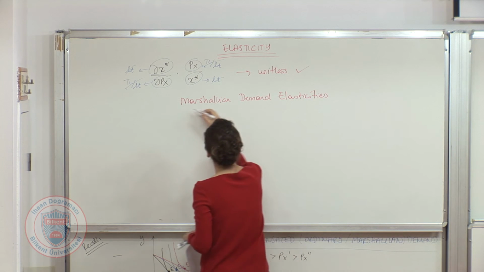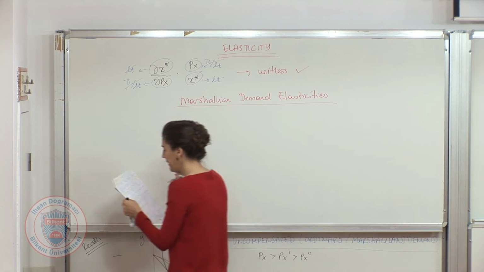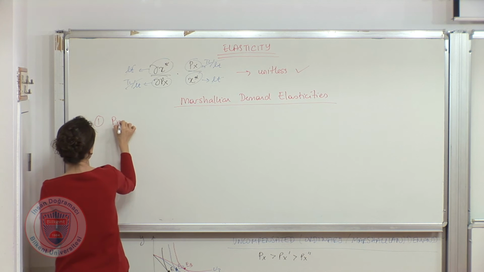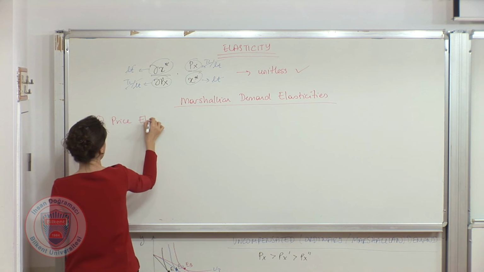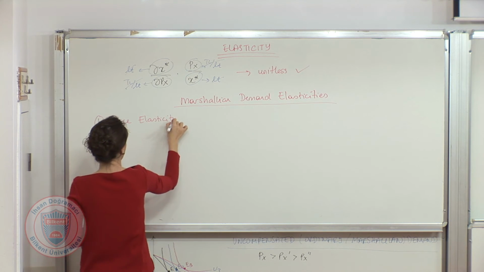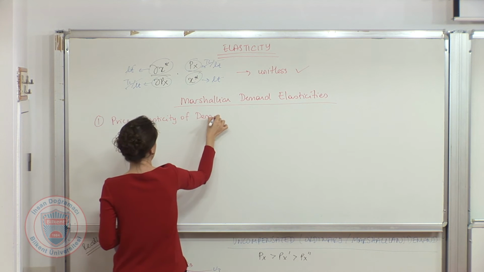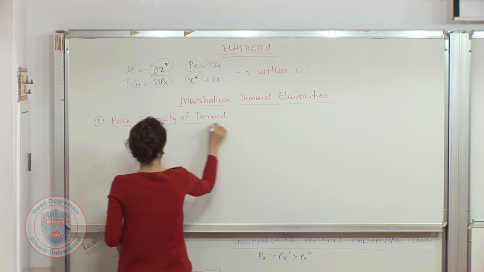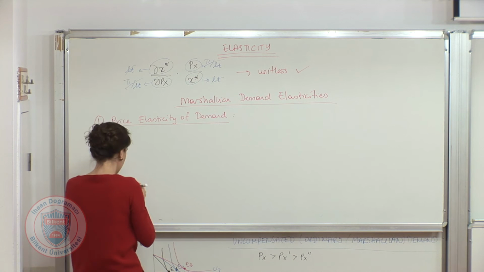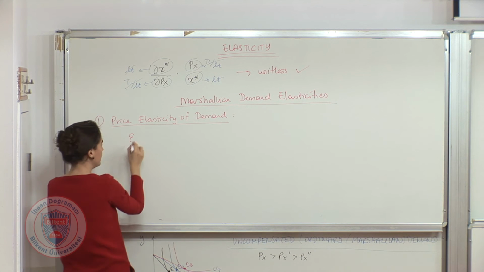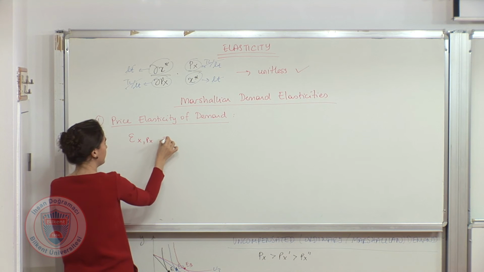So let me define. The first one is the classical price elasticity of demand. We're going to denote this elasticity x, px, okay?